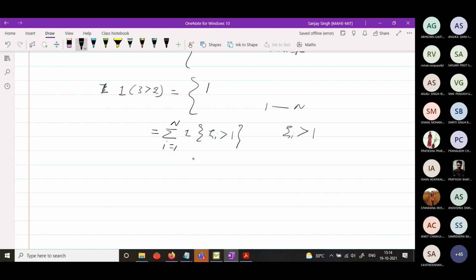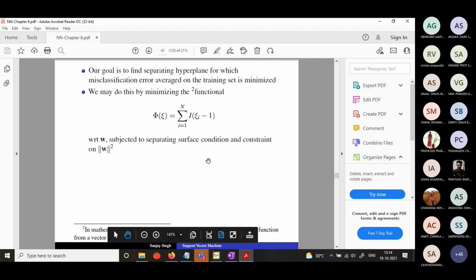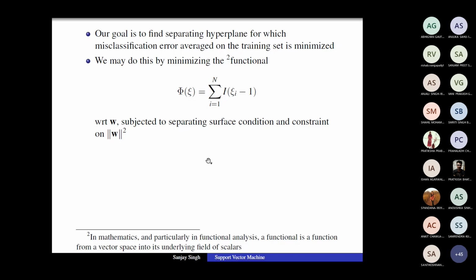Now, instead of writing it like this, which is the most popular convention in machine learning, Simon has written it in a more intuitive way. Saying z minus 1 definitely means z is greater than 1. Whichever points satisfy this, you count them, and that gives you the errors.